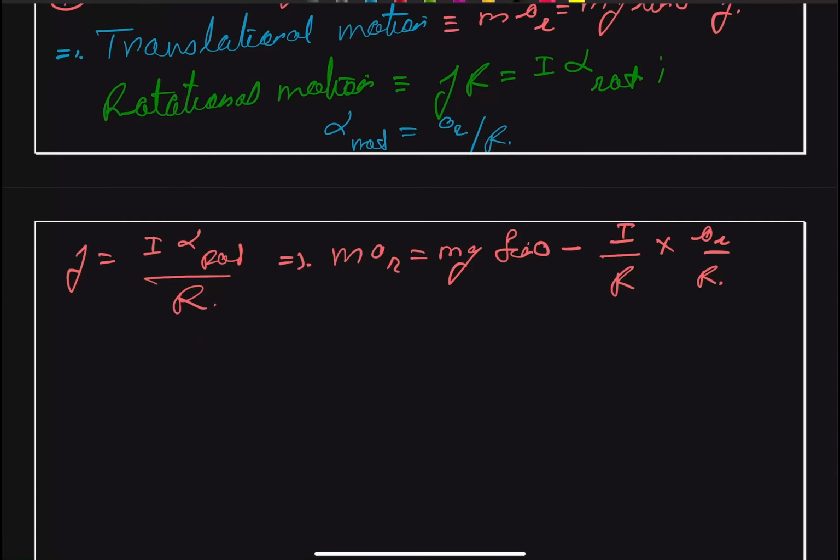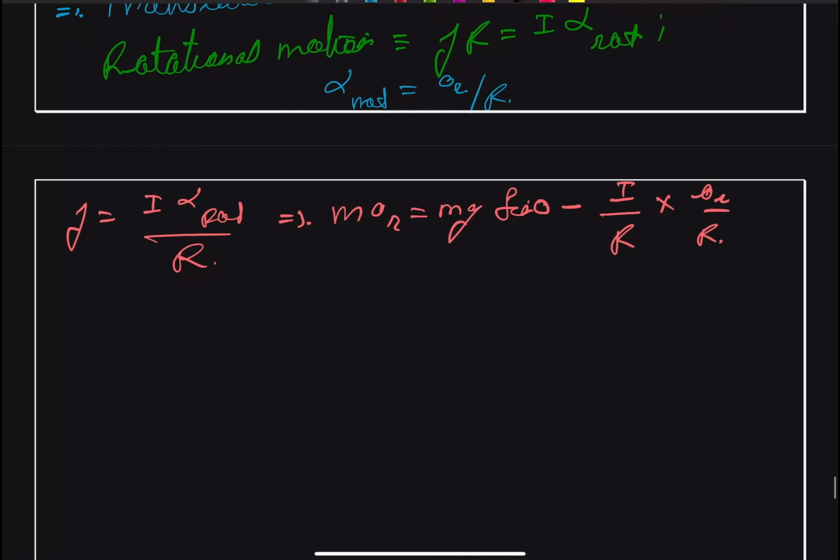Now we are going to make some changes, and we can take a_R as common. So we get a_R multiplied by 1 plus I upon m r square is equal to g sine of theta.